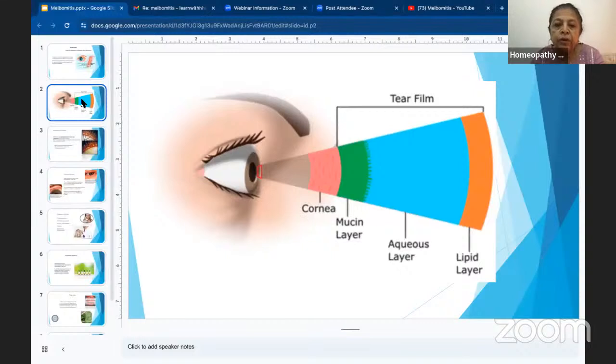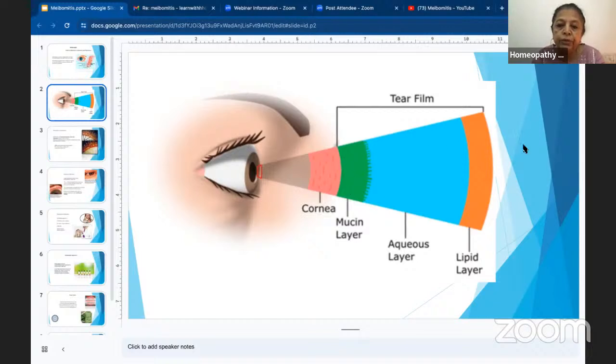Now, the Meibomian gland secretes a lipid secretion. It's a little oily, and it is a part of your tear film. If you see here, this is the cornea, and this whole layer is the tear film.